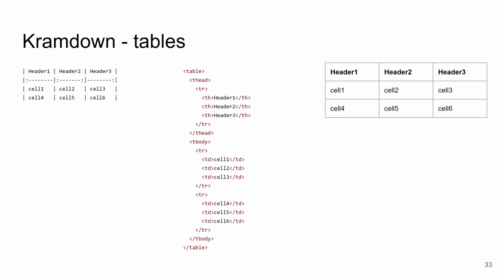This again depends on the specific Markdown flavor used. This is because this is not part of Common Mark, which means it again has to be added as an extension, and therefore each Markdown flavor adds it differently. So this is tables in Kramdown.